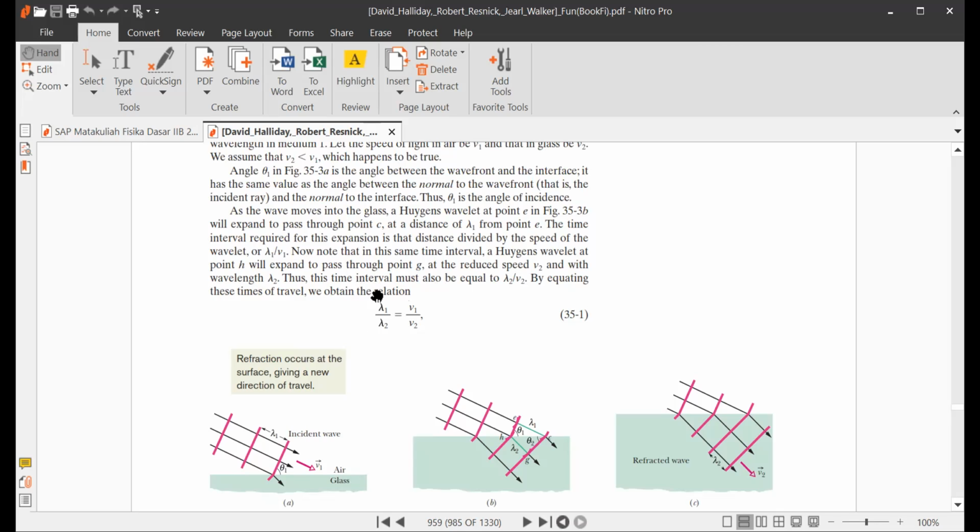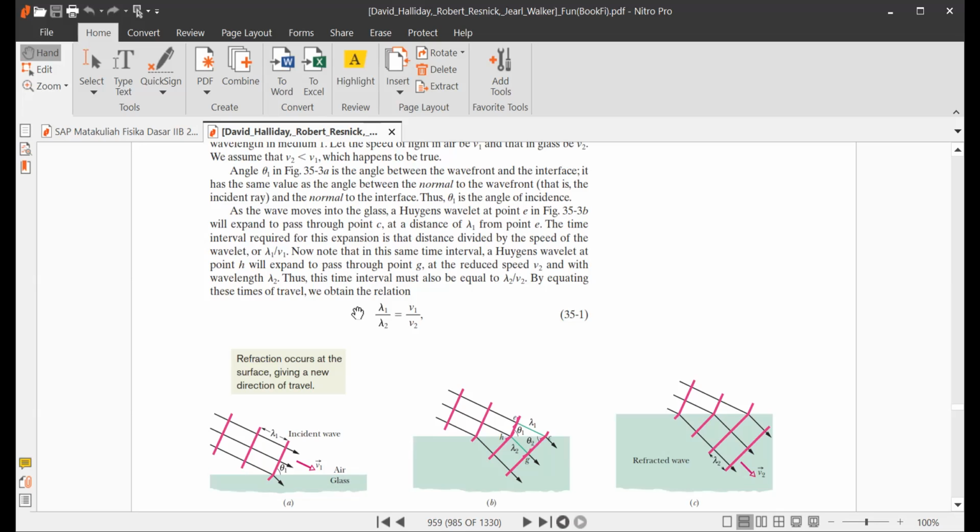This equation comes from solving the Maxwell equations in the material. It's quite complicated to derive this simple relation, but at your level, we just give the formula, not derive it.